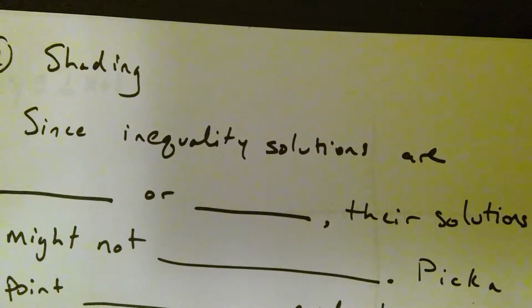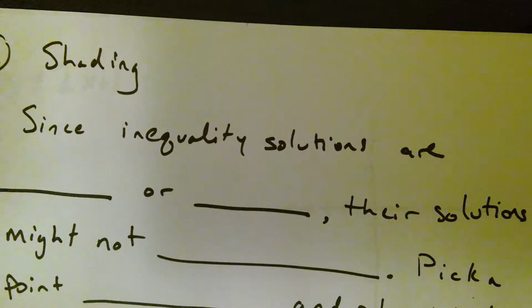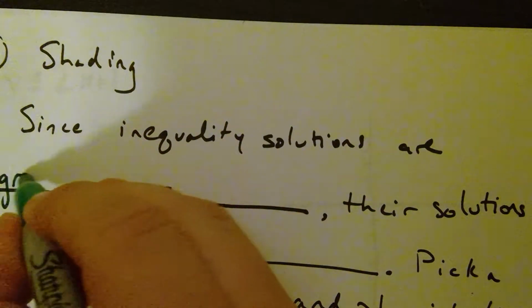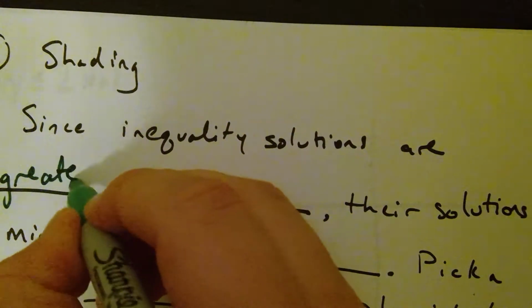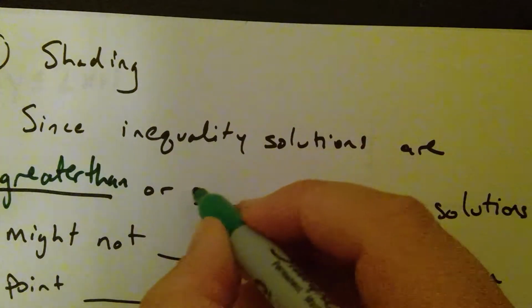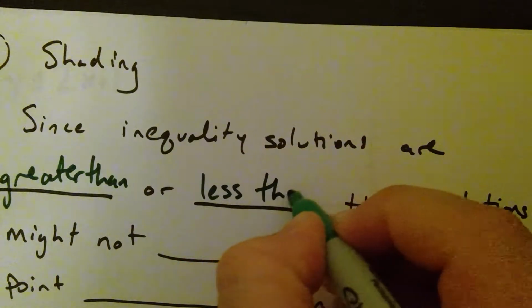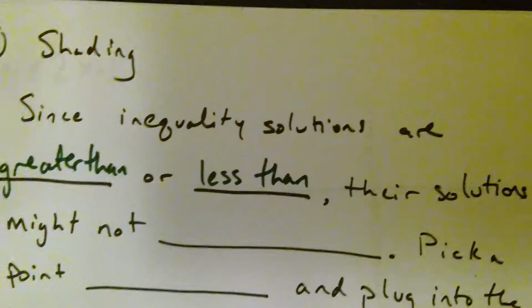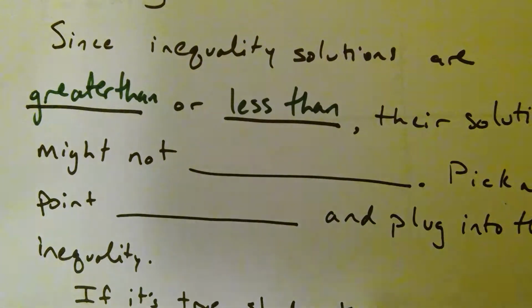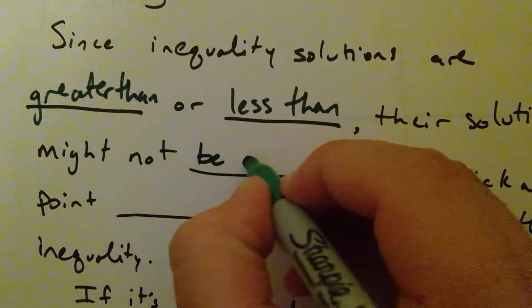So now we're going to talk about shading. Since inequality solutions are greater than or less than, their solutions might not be on the line.